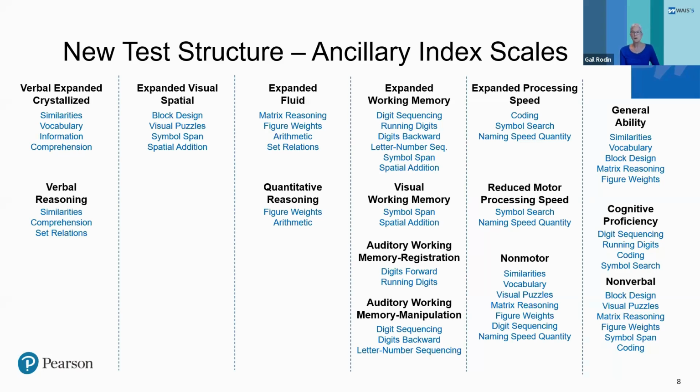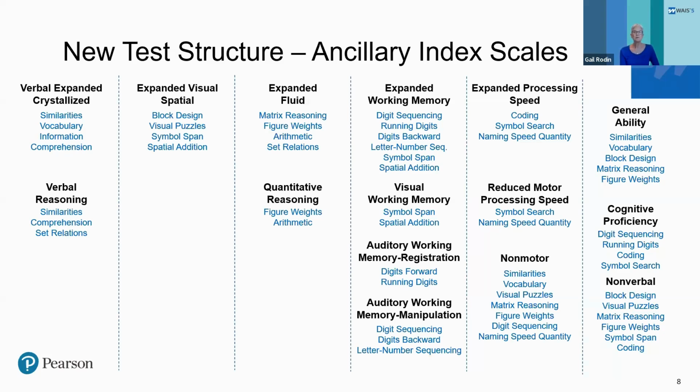Move over one more column, and we're looking at the working memory again. Notice that we have ancillary scales that break down visual working memory and auditory working memory. Visual working memory is made up of 2 new subtests that come over from the WIMS, symbol span and spatial addition. And then we have 2 auditory working memory scales.